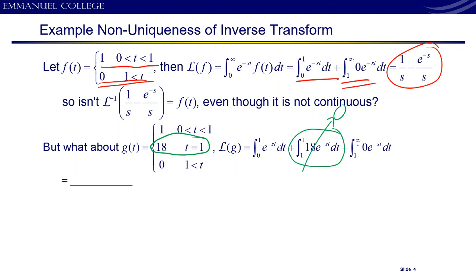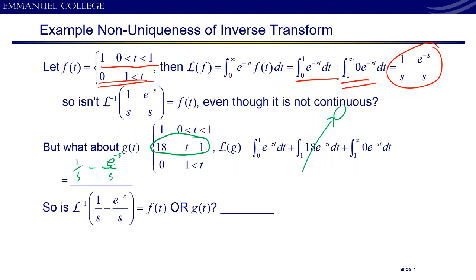Same way this integral is 0. But the key thing is that front part, the integral from 0 to 1 of e to the negative st, is the same thing here. So 1 over s minus e to the negative s over s.